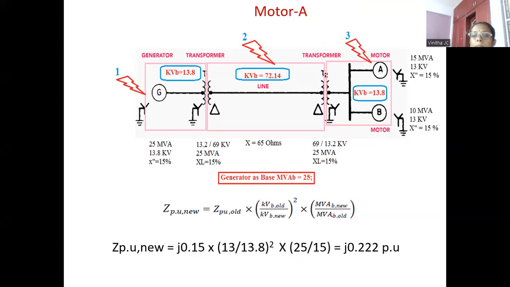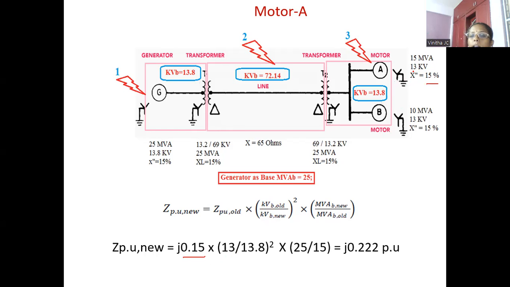And the next step is motor A. For motor A, we need to check whether the values are given in terms of ohms or per unit. Here also the value is given in per unit, so use the same formula. In order to find the value, we need to check the old and new values. So Z per unit old is equal to J0.15.